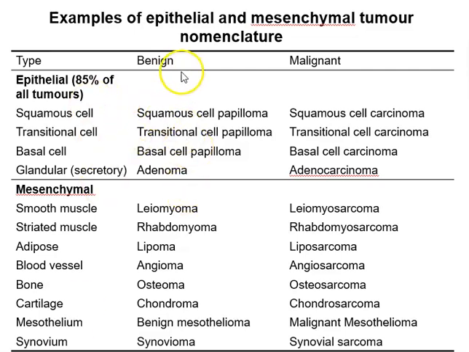Now if those tumours are benign, for most of them we can just say it's a squamous cell, and benign, we've got papilloma. So we use papilloma, and where I showed you a benign tumour earlier where there was like a ball of cells on the skin, that is a papilloma. So squamous cell papilloma, transitional cell papilloma, basal cell papilloma, but then for glandular secretory epithelium we call it an adenoma.